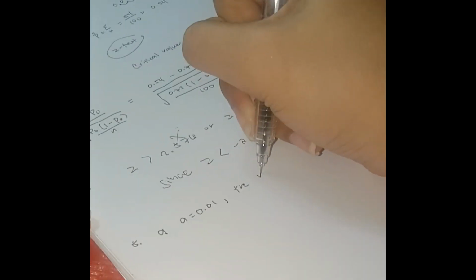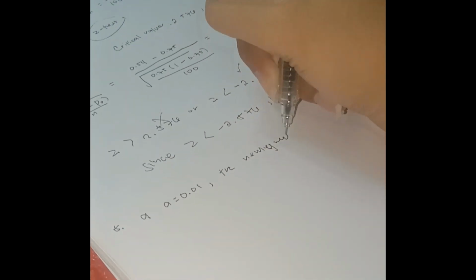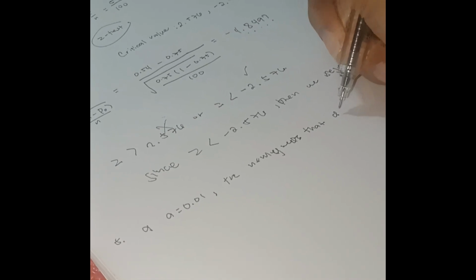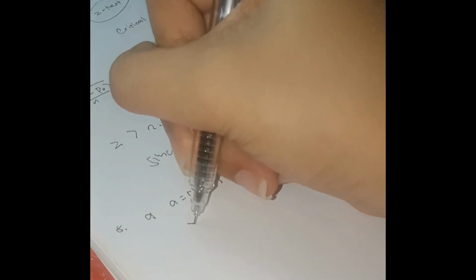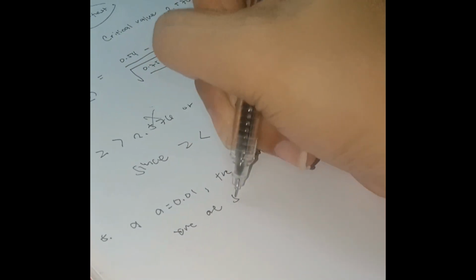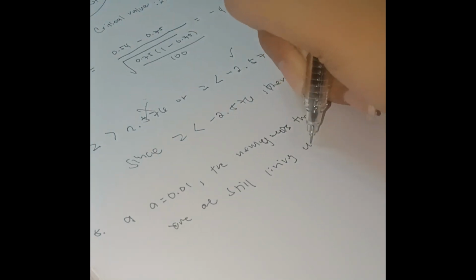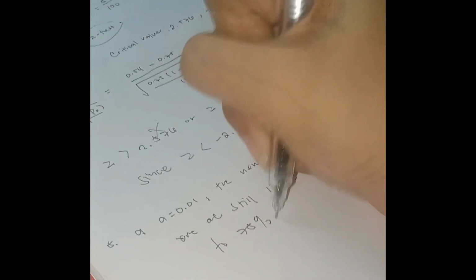So, ang conclusion natin, since na-reject natin siya, at alpha is equal to 0.01, yung significance level niya, the newlyweds that don't have their own house and are still living under their parents is not equal to 75%.